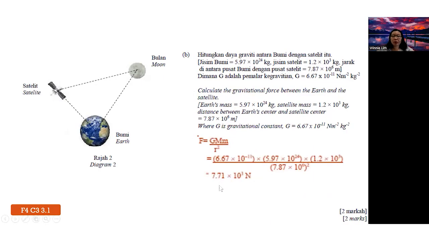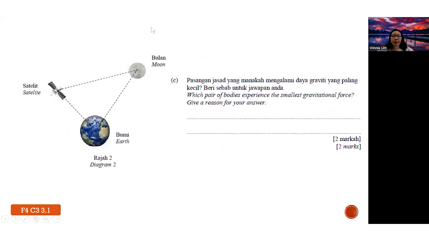Then moving on, we will have the understanding or "why" questions. Which pair of bodies experience the smallest gravitational force? Give a reason for your answer. So this question means you are going to compare who?